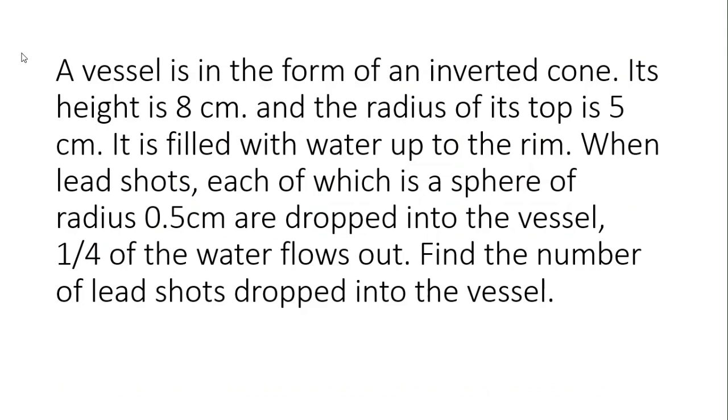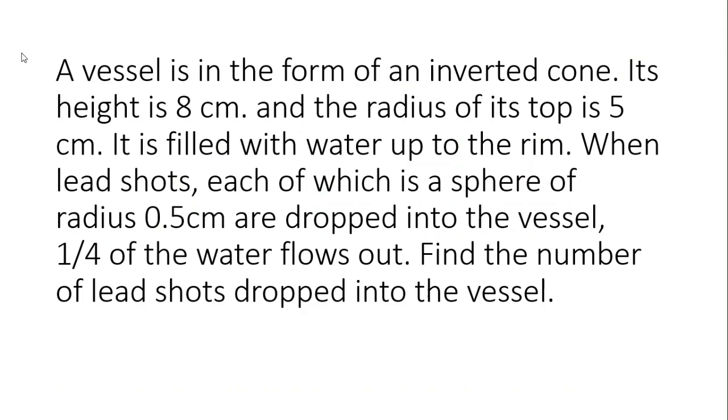Okay. So we are given a vessel full of water up to its rim. Into that vessel, some lead shots are being dropped. So the vessel measurements are given, as well as the measurements for the lead shots. The vessel is in the form of an inverted cone, and the lead shots are in the form of a sphere.